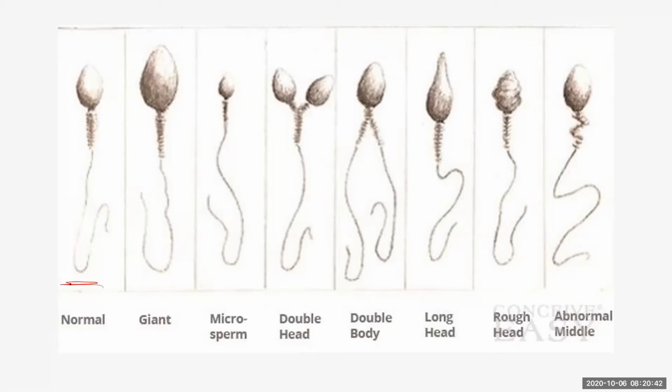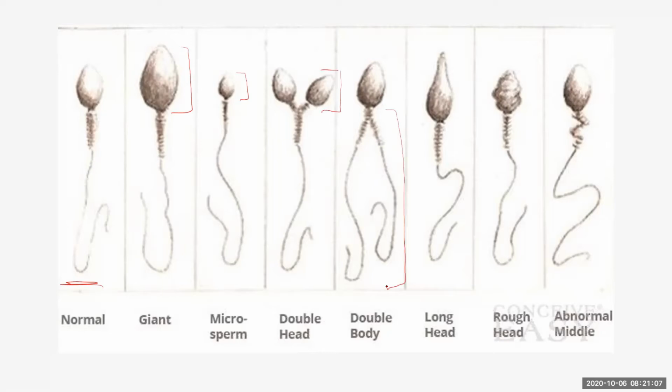Then, there are sperm cells with a relatively large head compared to the normal. There are some with a small head. Some have two heads. Some have two tails or bodies.